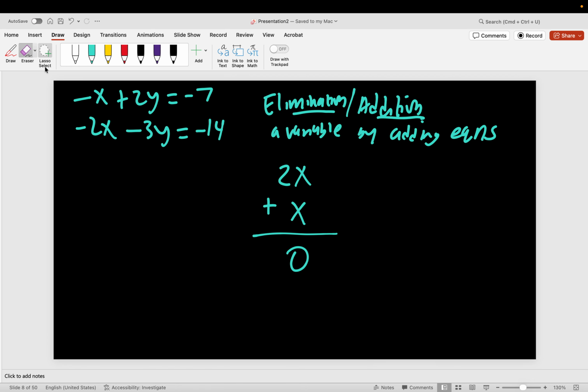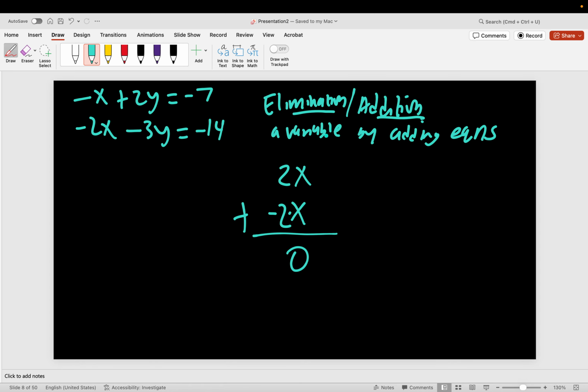I want the numbers to equal 0 when I add them. 2 plus what will give me 0? And if you're thinking it, you're right. Negative 2. 2 minus 2 will give me 0, which means I have to multiply it by negative 2.